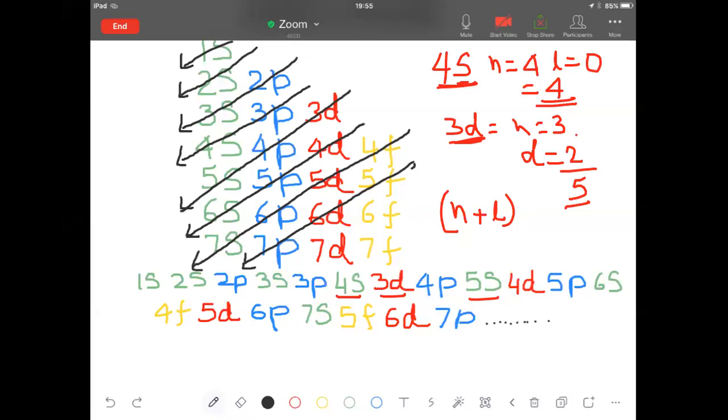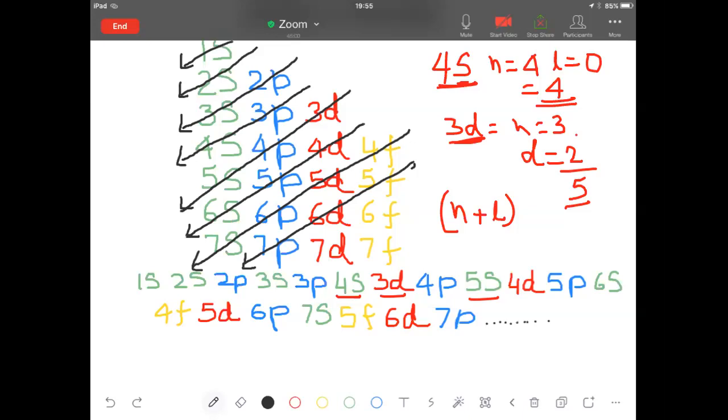Just make sure that when you draw this table and you draw these diagonals, you are very cautious and take extra care to draw the diagonals correctly. If you do not place the s subshells under s and p under p, you are likely to make a mistake. That is why you should draw it like this.